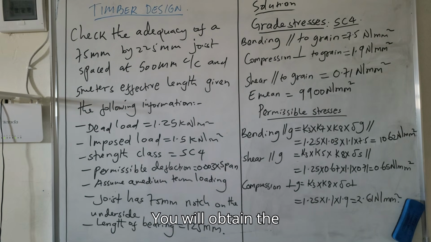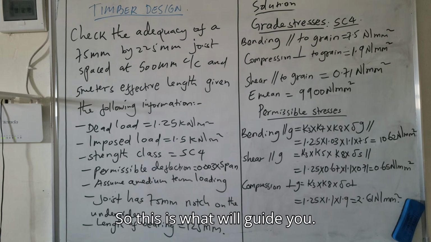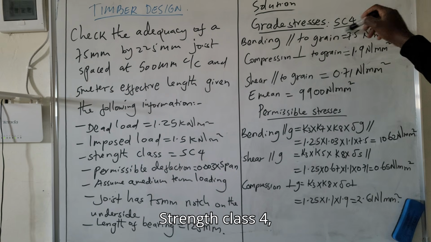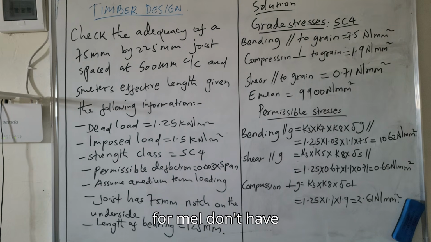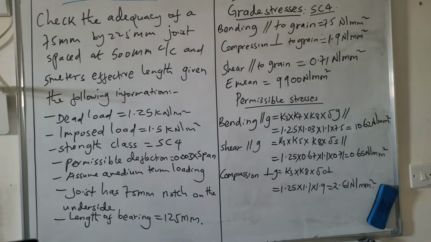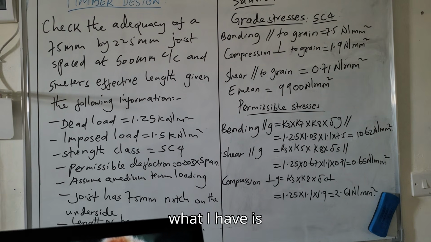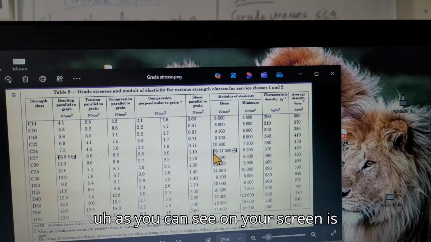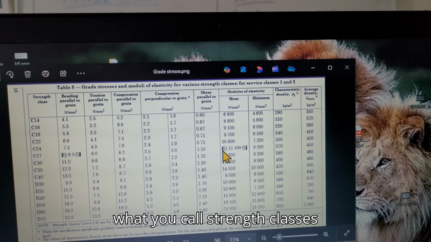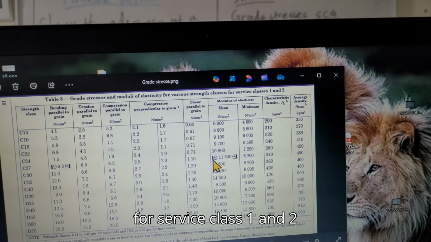You will obtain the values of grade stresses from the table. So this is what will guide you. Strength class 4, SC4. And for me, I don't have that table for strength class. So what I have, as you can see on your screen, is what you call strength classes for service class 1 and 2.